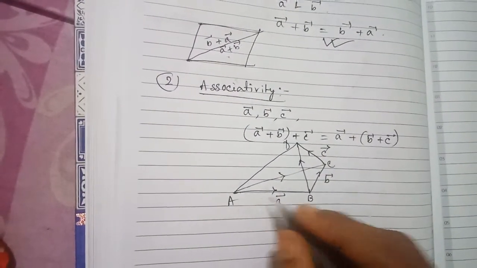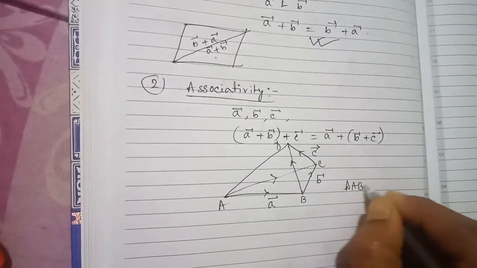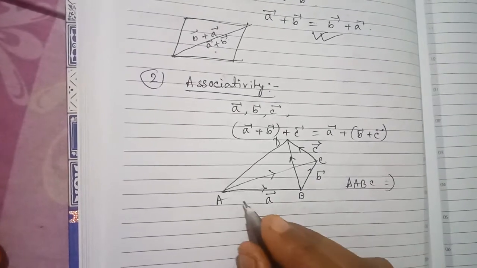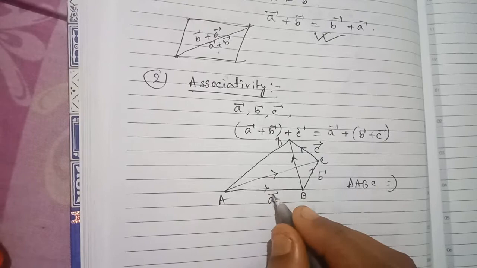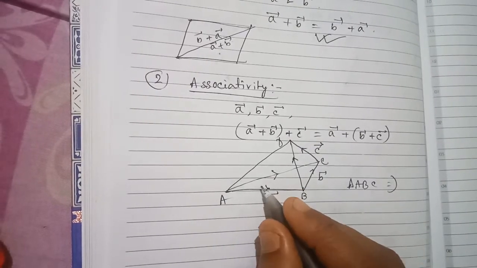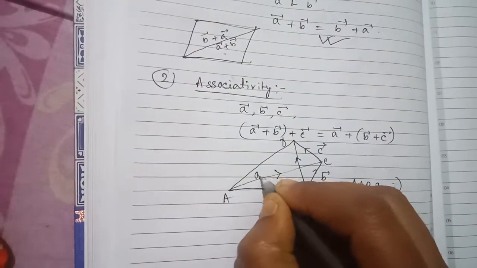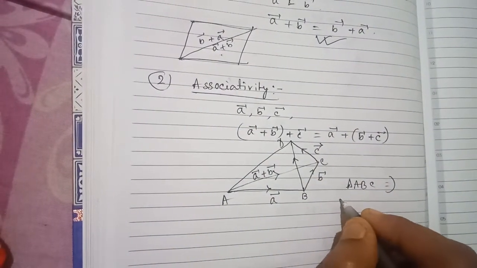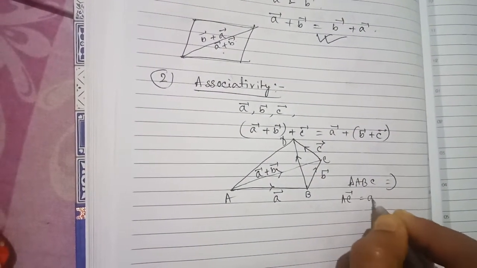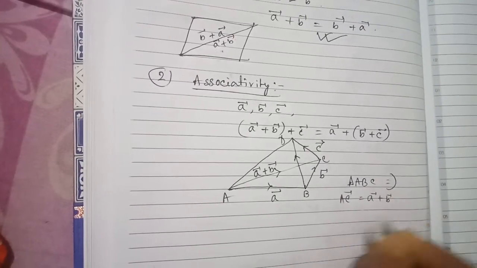Now if we take the triangle ABC, then by triangle law we get A vector plus B vector, that is AC vector. So we are writing it from triangle ABC. We can write AC vector equals A vector plus B vector, right?